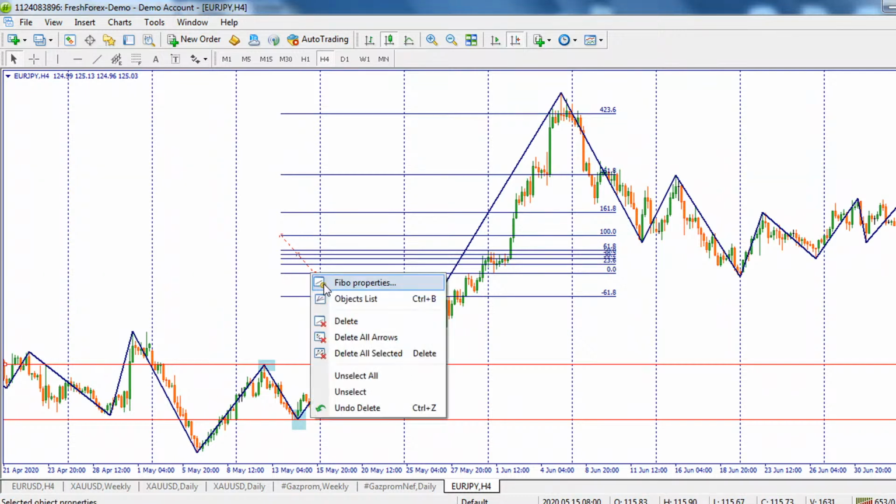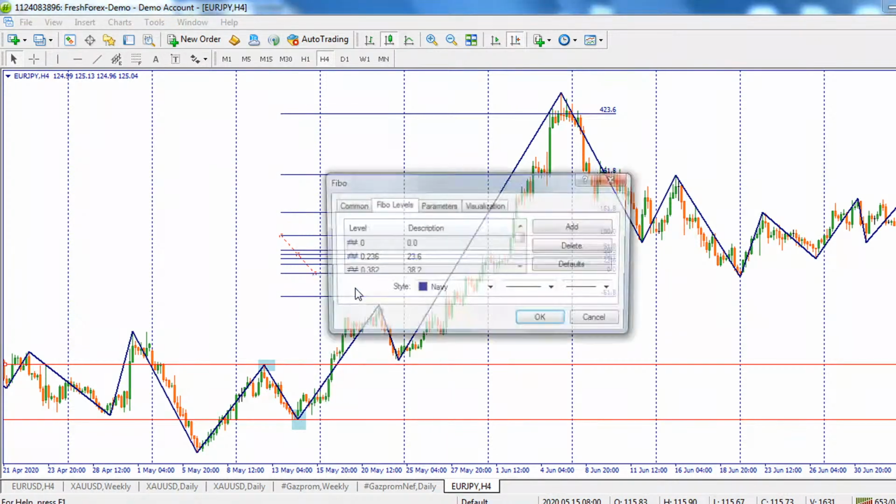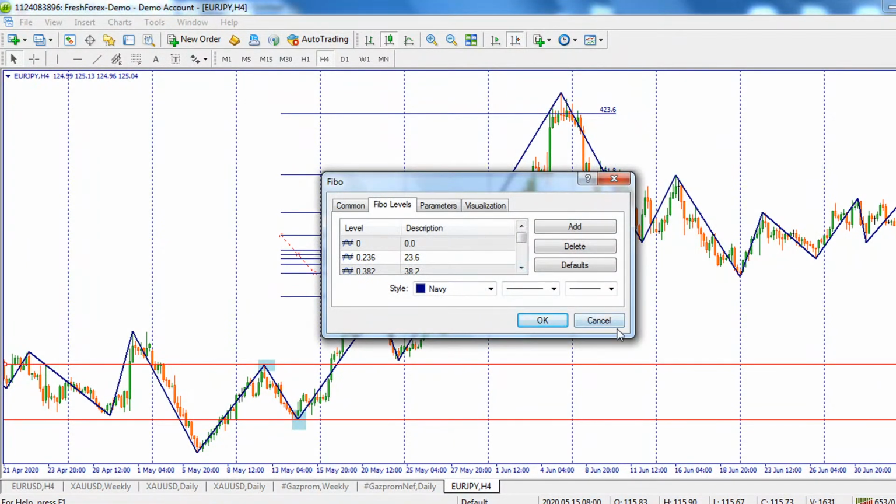To do that, you right click the fib levels, the object themselves, until it's highlighted. There's this box, this box, this box. Then you go to fib level, and this is where you add it.